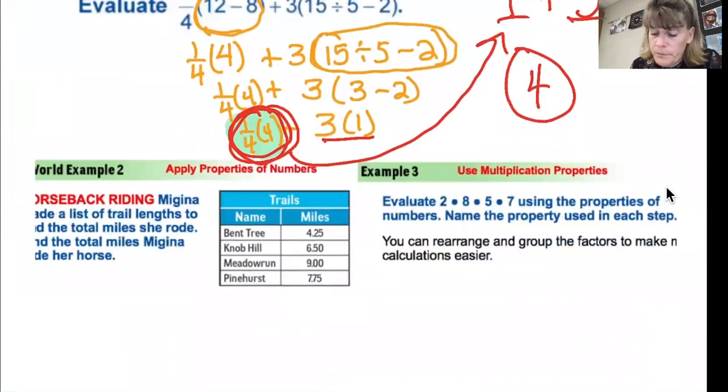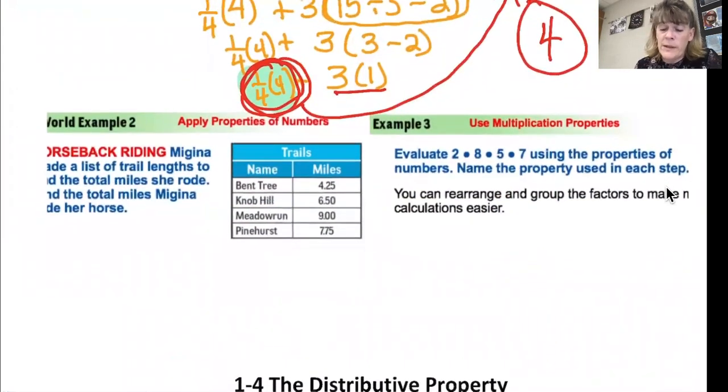Okay, so we just have a couple more examples here. And this again is just using those properties to simplify our work. So it's hard to read this, but it says Magina made a list of trail lengths, the total miles she rode. So find the total miles she rode her horse.